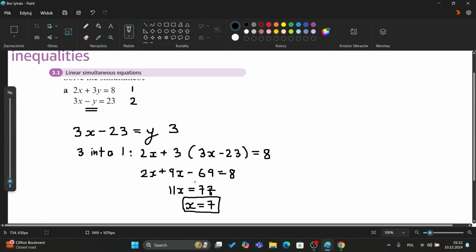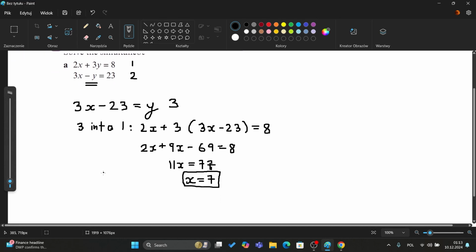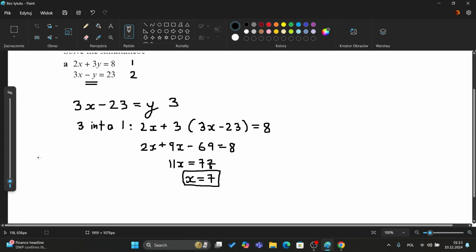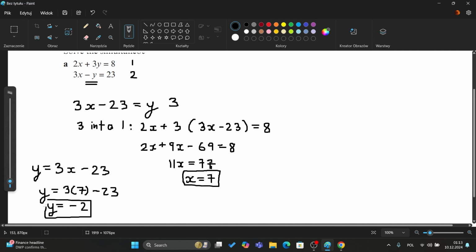And when we know x equals 7, we can use equation 3 to solve for y. So y equals 3x minus 23. We know that x equals 7, so 3 times 7 minus 23 is 21 minus 23, which is minus 2. Here we have two unknowns that have been found: x equals 7 and y equals negative 2.